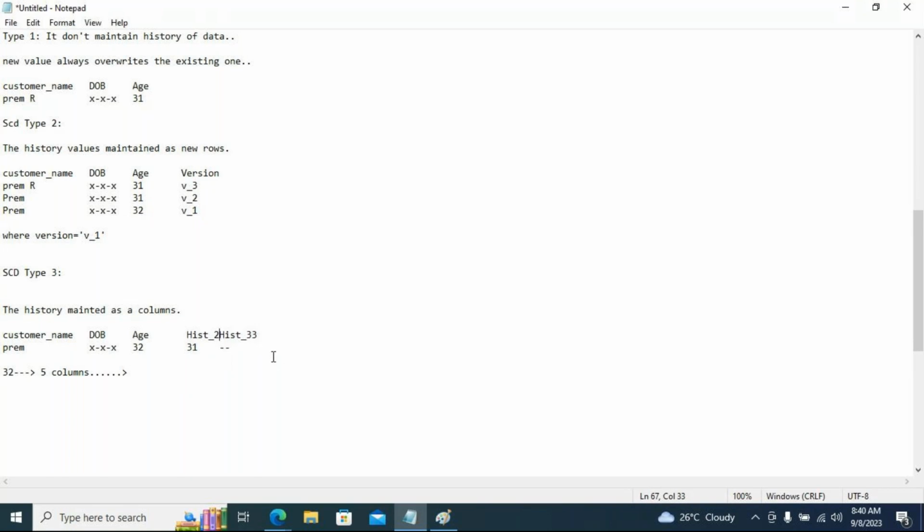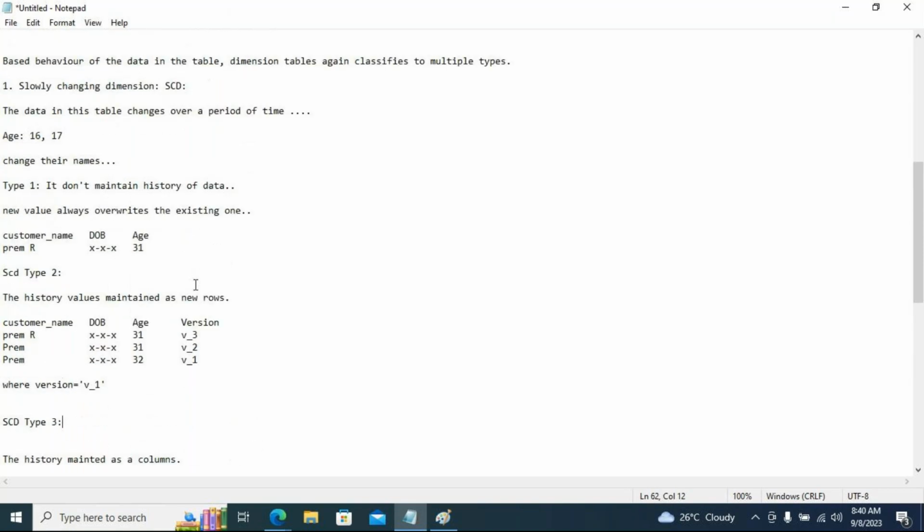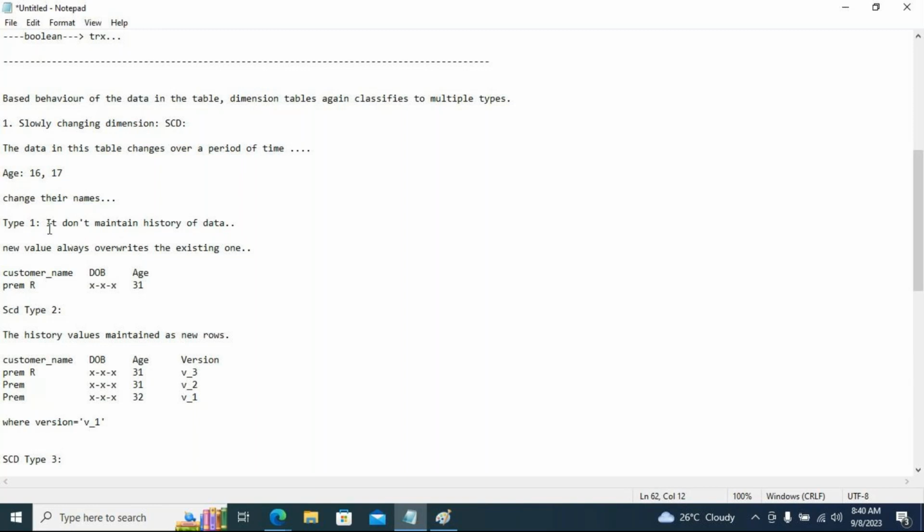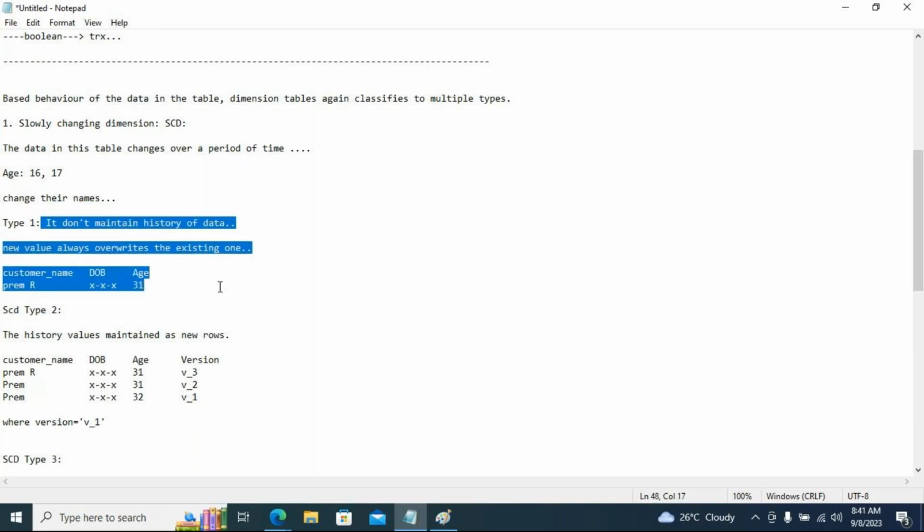Got it? This is the way we have slowly changing types. What is a type 1? In the type 1, the updated value always overrides the existing value, so there is no history maintained.